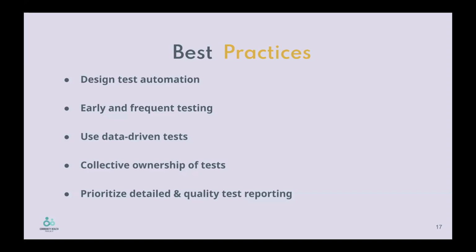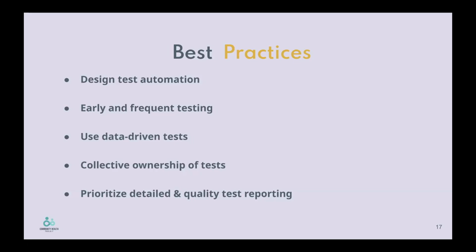And then for early and frequent testing, as soon as you deploy your application, start writing out the test. Make sure that the app, from the first deployment, already has test cases written, and they are deployed together with the app.